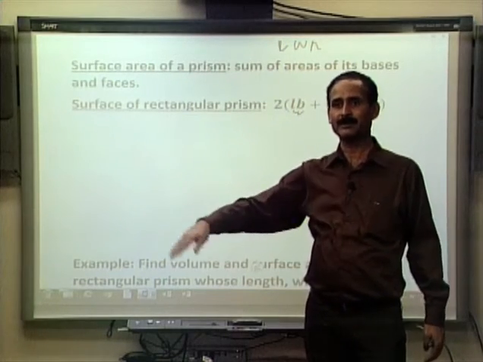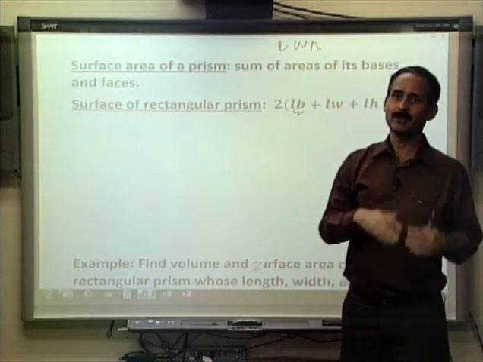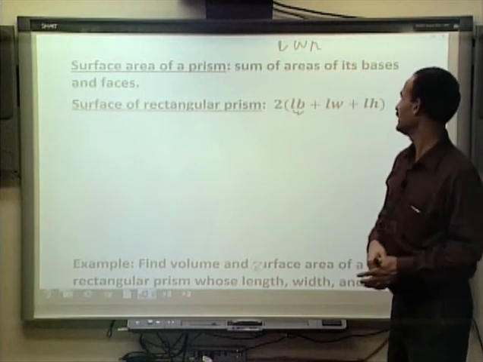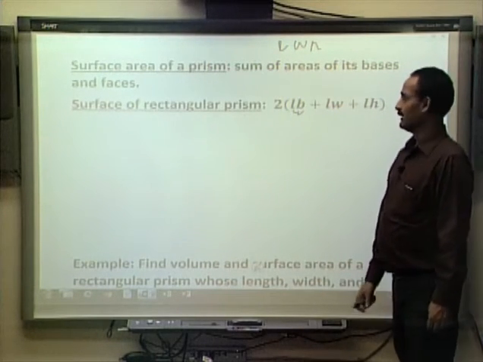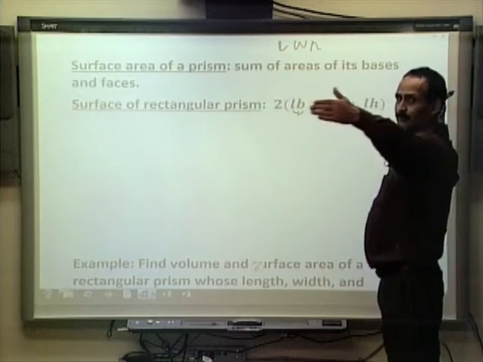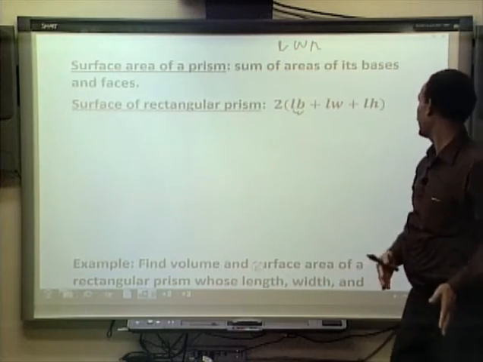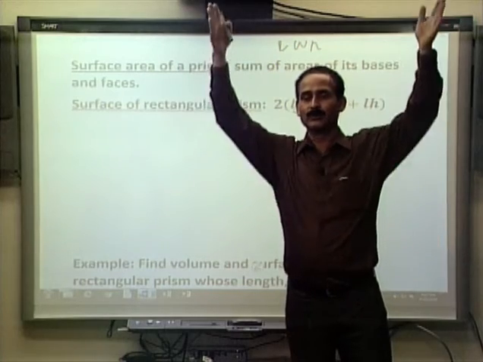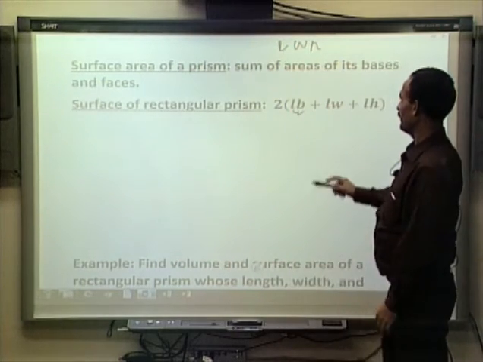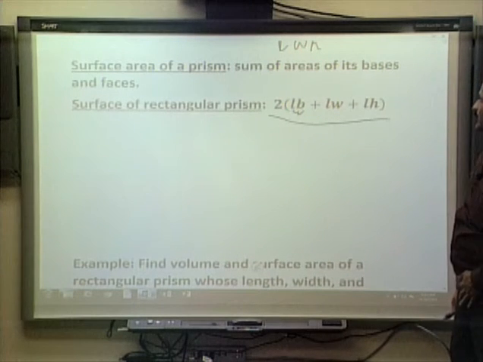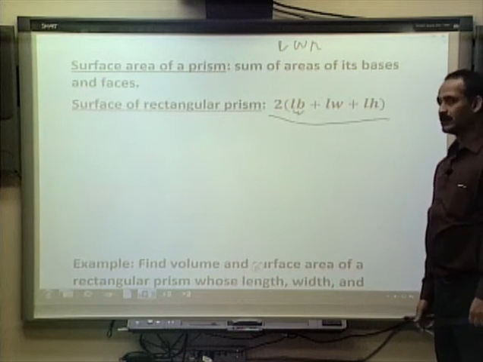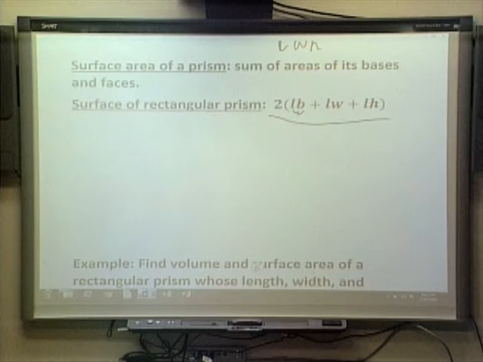So, area of a base plus area of a roof is 2 times the area of the base, that is 2 times LB. LW refers to this set of walls and LH refers to this set of walls. So, the surface area of a rectangular box is given by 2 times (LB plus LW plus LH).